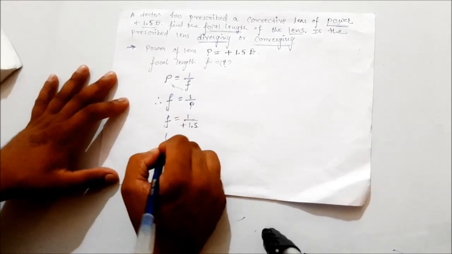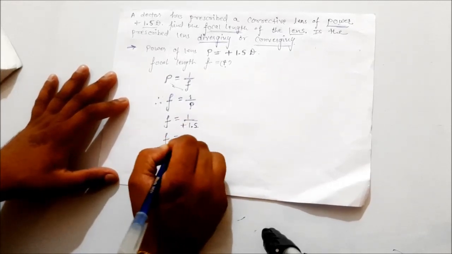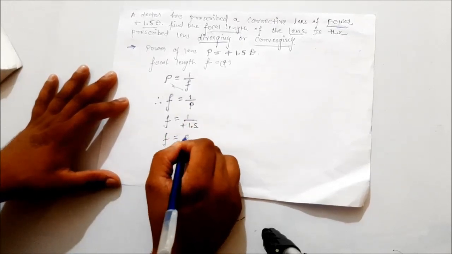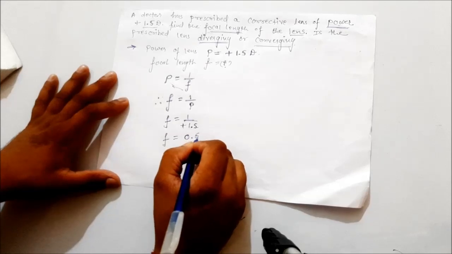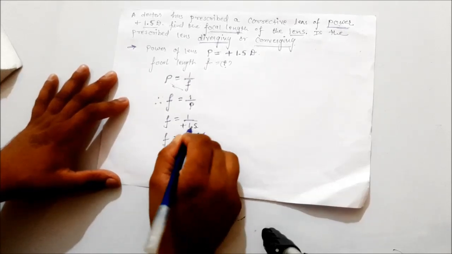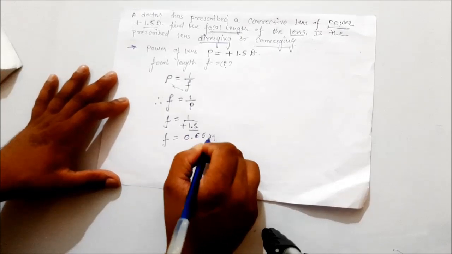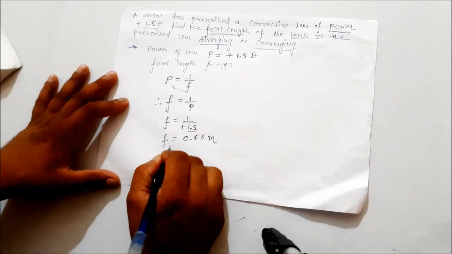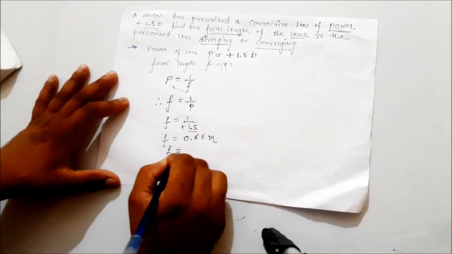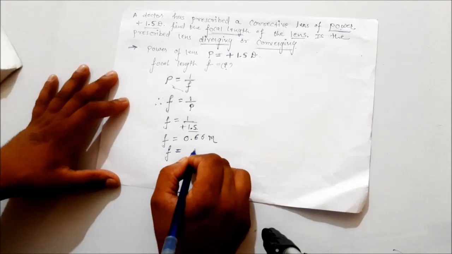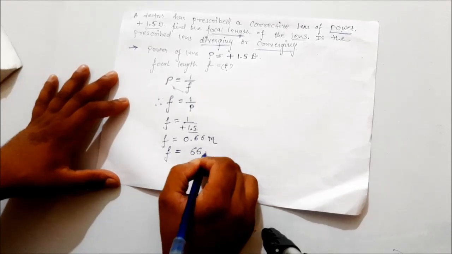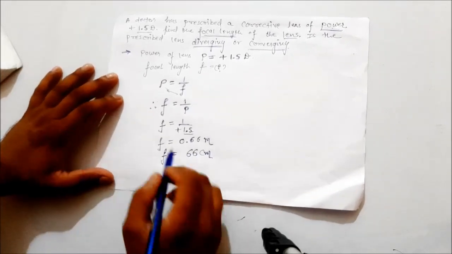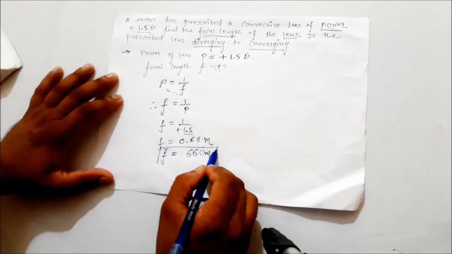If we calculate this, it is 10 divided by 15, so our answer will be 0.66. It was in diopter, so here we will have 0.66 meter. If we convert this into centimeter, the focal length F will be 66 centimeter.